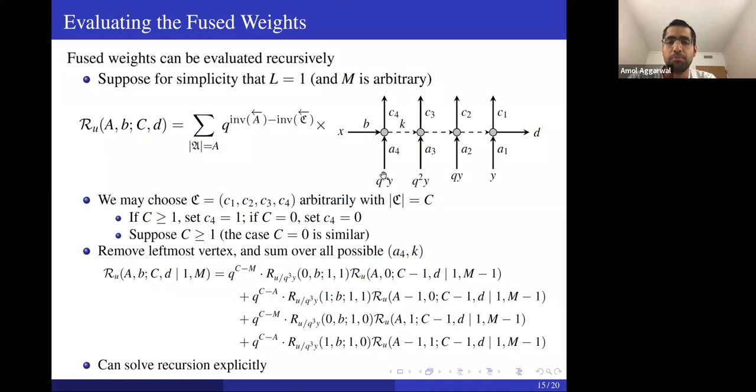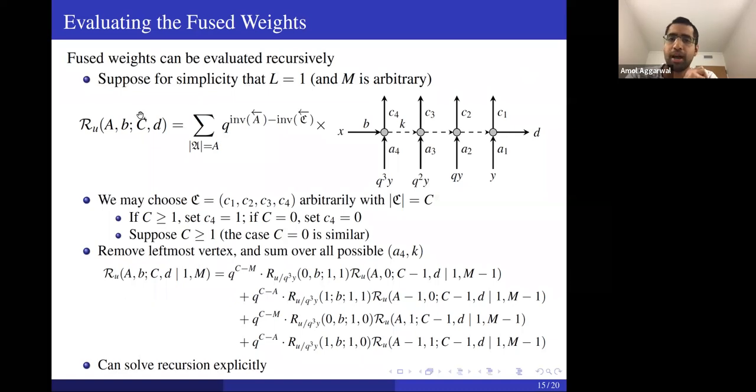this is equal to a sum over Q to the number of inversions in A, times the number of inversions in B, but L is actually 1 here, so B has no inversions. B is just a single number, so it has no inversions. Then I have times Q to the minus the number of inversions in C, times again Q to the minus the number of inversions in D, but again that's 0.